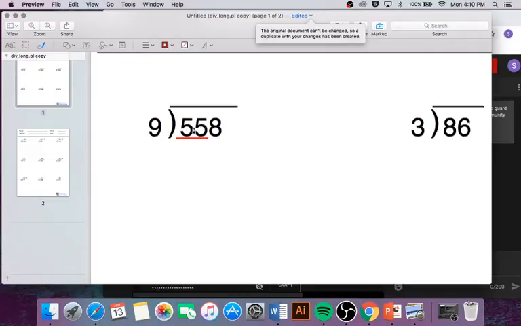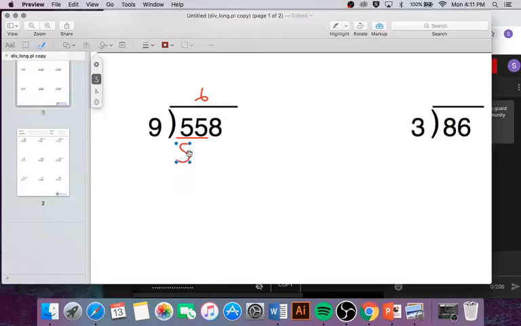Nine times 6 is the closest we can get to 55 without going over. And 9 times 6 is 54. So we're going to write down 54.